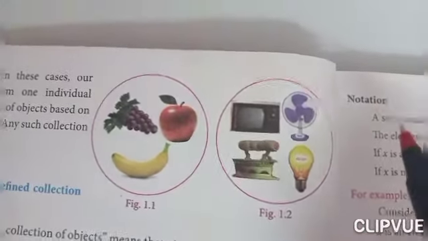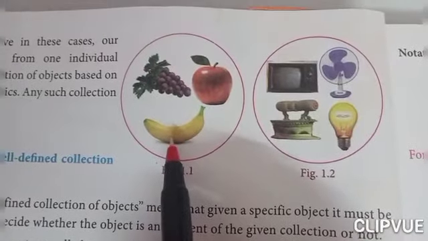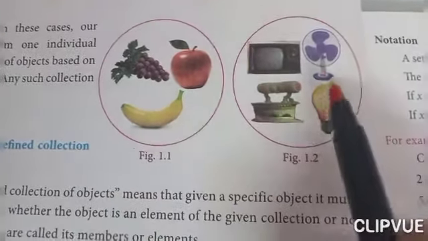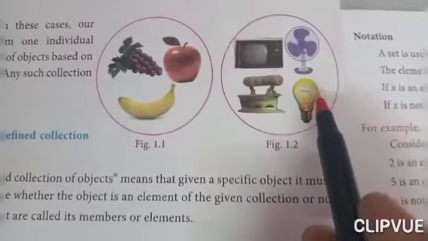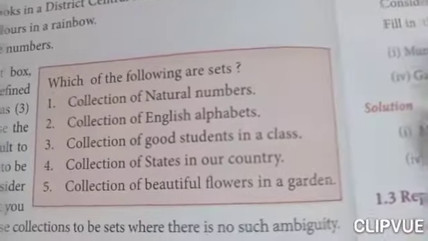So these fruits we can name in the form of a set. It is a collection of fruits. It is a collection of electronic items. Many examples we can give.